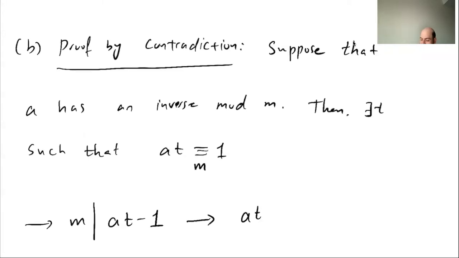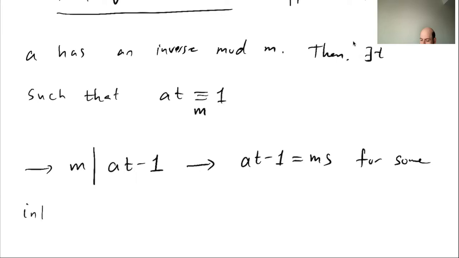That means AT minus 1 equals MS for some integer S. That's the meaning of one number dividing another number. And then this means 1 is equal to AT minus MS.